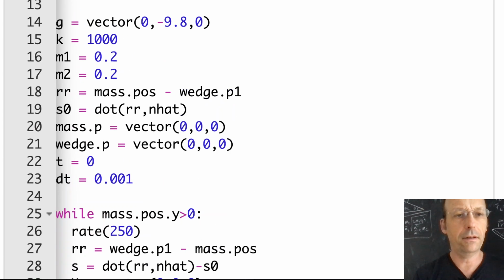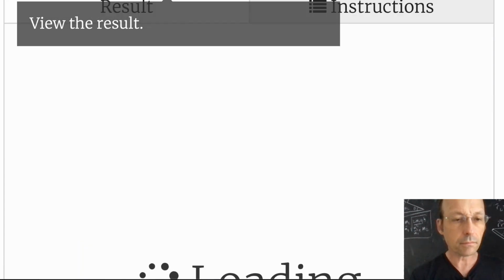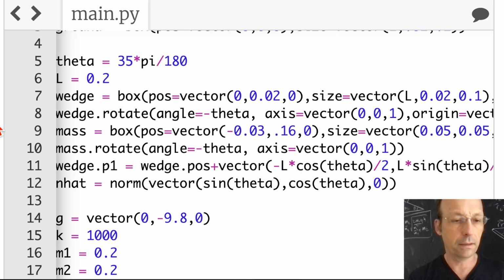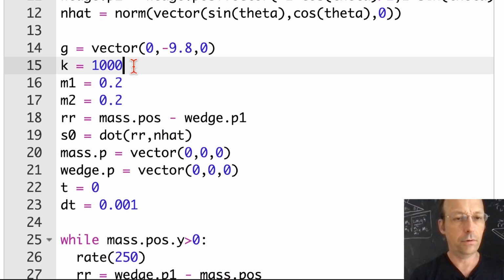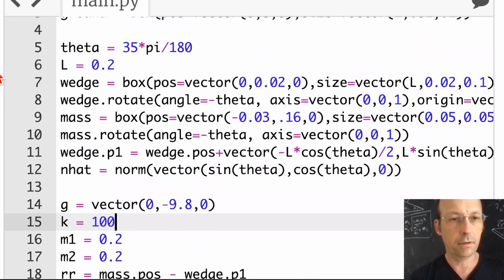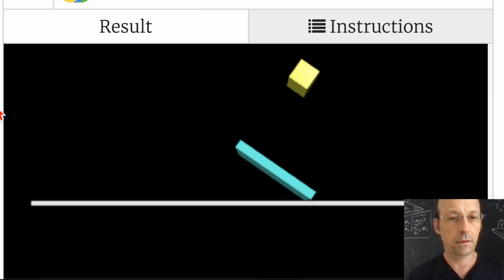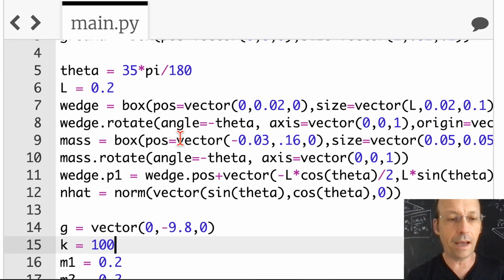Maybe that was it? That couldn't be it. What the heck? Why is it doing that? What if I change that to 100? I think I got my N hat wrong, maybe.